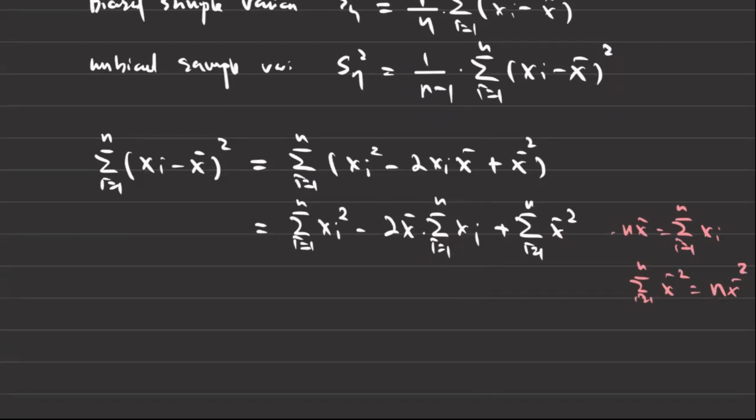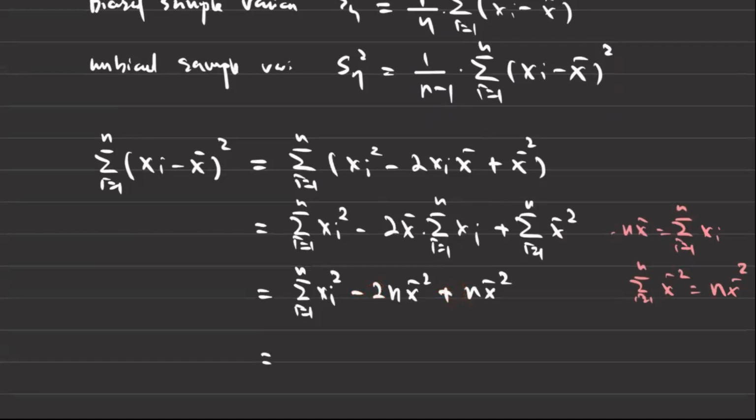So by using these tricks that we just discussed, we can then write out the following: sum i from 1 to n of xi squared minus 2 n x bar squared plus n x bar squared. And then we can further simplify by taking this minus 2 plus 1, right?